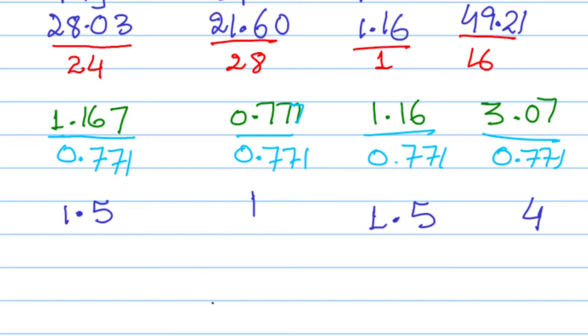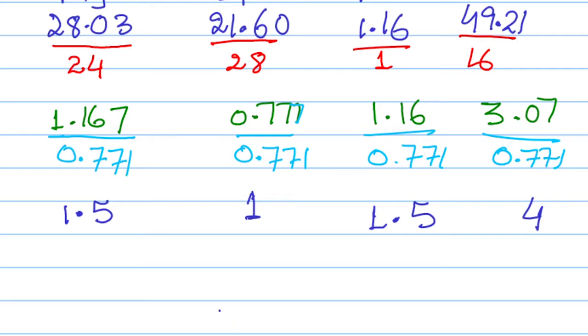So this is the way through which we calculate the empirical formula. But if we look at the answers, they are not close enough to the nearest whole number. If the answer is not close enough to the nearest whole number, we must choose a factor to multiply all the figures by that will yield whole numbers.